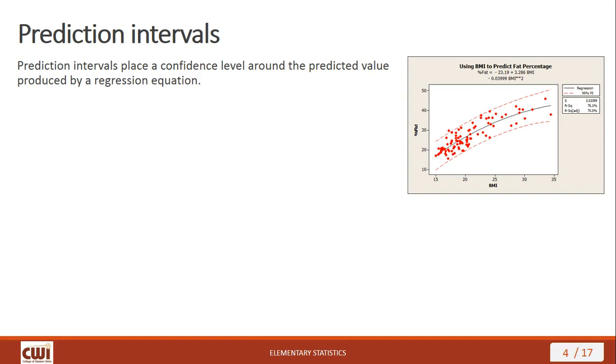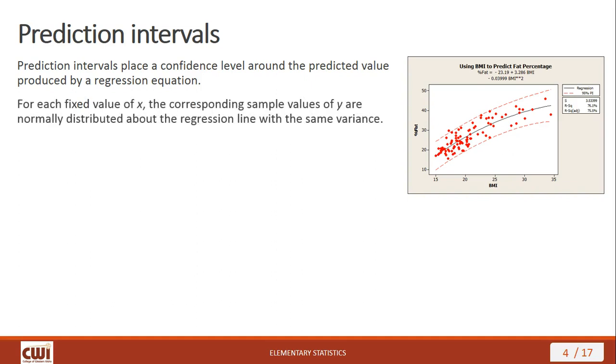So instead of saying that we're, for example, 95% confident that the mean of the population is within these two bounds, what we're saying with the prediction interval is that we're 95% confident that a given value that we're predicting with our mathematical equation, our statistical model, is within this upper and lower bound.